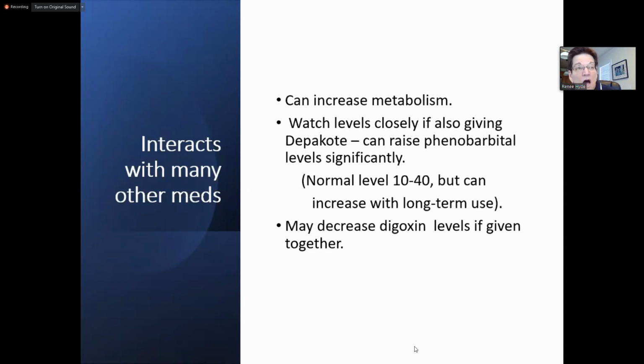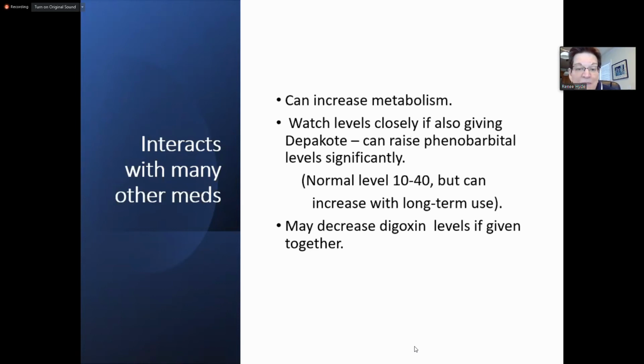Now, when you're talking about therapeutic range, you're talking about a normal level of 10 to 40. But what can happen is that because this medication causes tolerance, you may have to go higher than that to have therapeutic effect.